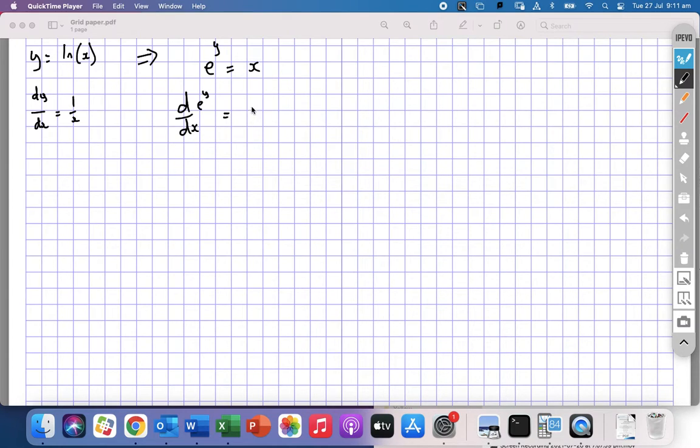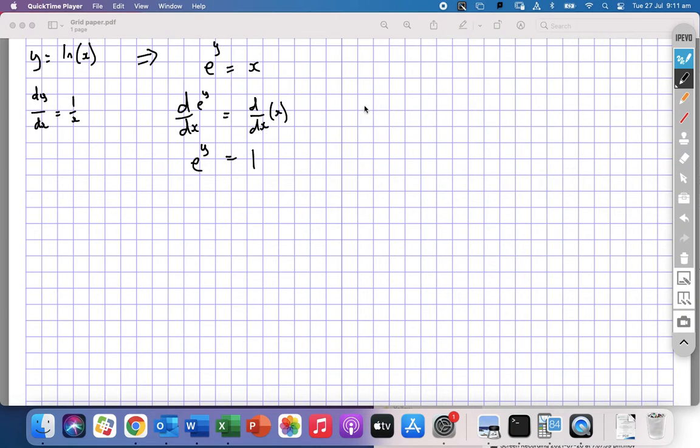And the reason for that, so we need the derivative of x with respect to x, which will just be 1. So derivative on this side's easy, derivative of x is 1, but what about this derivative of e to the y? Well, we know the derivative of e to the x is itself, right? And at this point it's like we're using the chain rule.